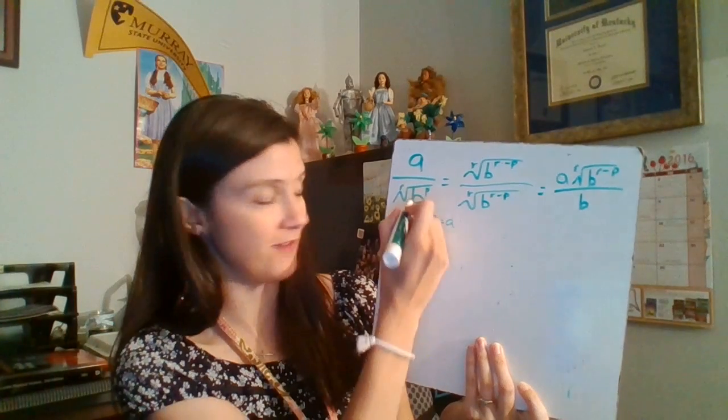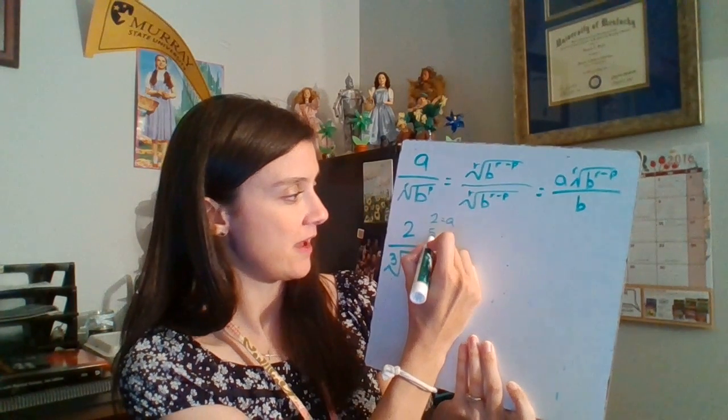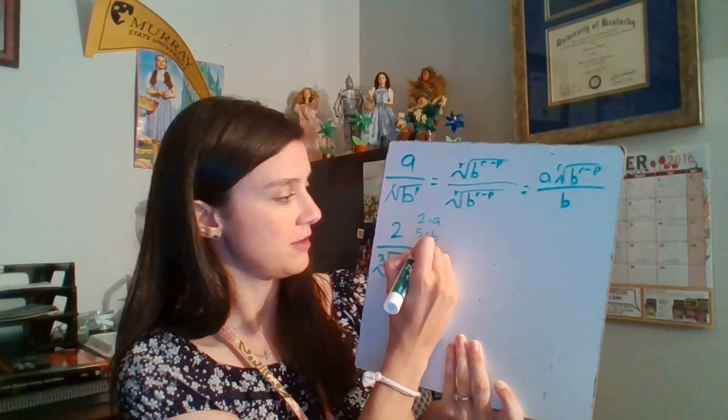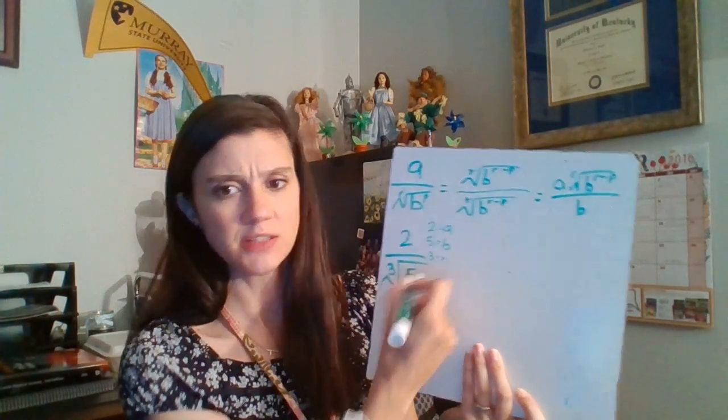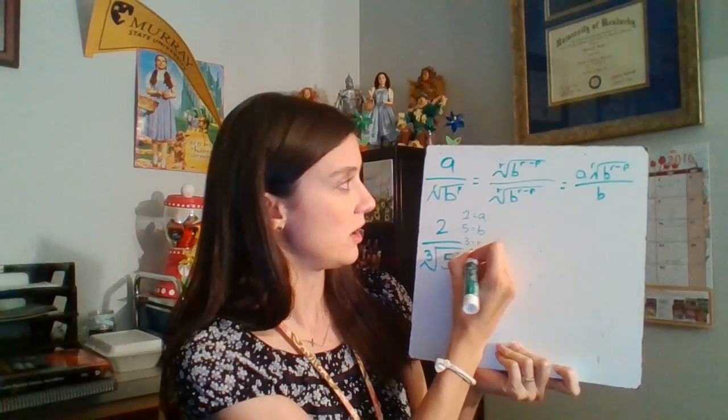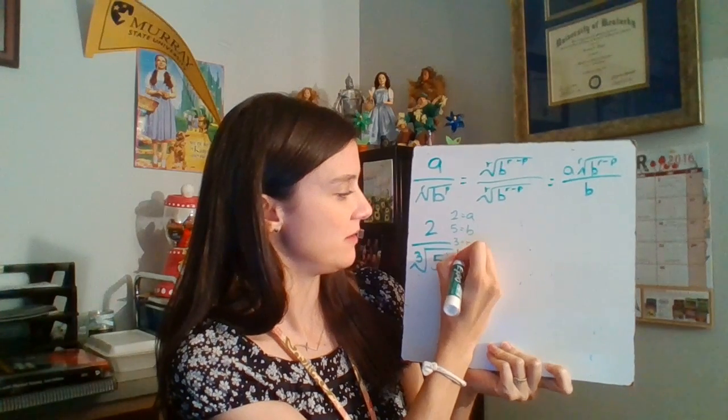Our b would be 5. 5 equals b. And our 3 would be our little r. 3 equals little r. There's not a p because the 5 isn't being raised to any power unless they want you to use 1, which they do. So remember, 1's always implied, so the little p is going to be 1.